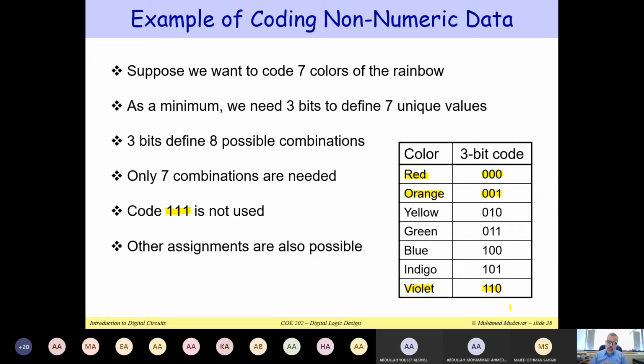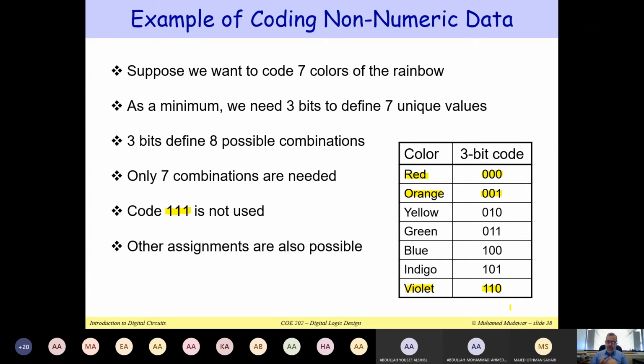You assign a unique code to each element in this set. Here my set is a set of colors, and we have 7 colors. So we need a 3-bit code. This is how we determine the number of bits for the code. If we had more than 8 colors, then I would need more than 3 bits.